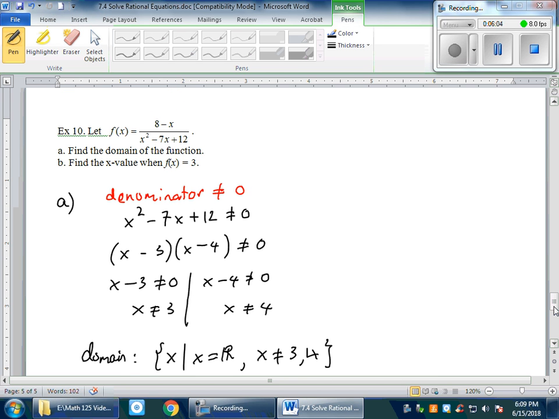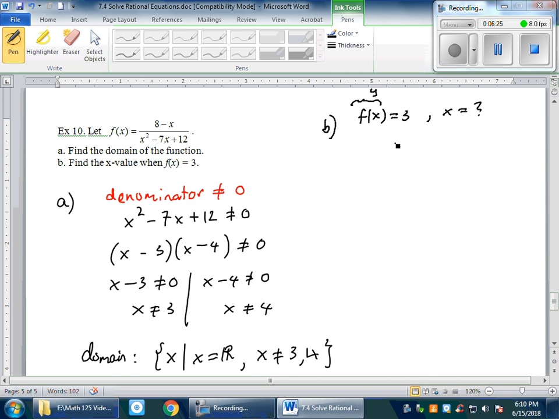Part B is basically asking to find the value of x when f of x is equal to 3. So when f of x is equal to 3, this f of x is basically talking about my y. So another way of saying it is, when my y is 3, what is my x value?